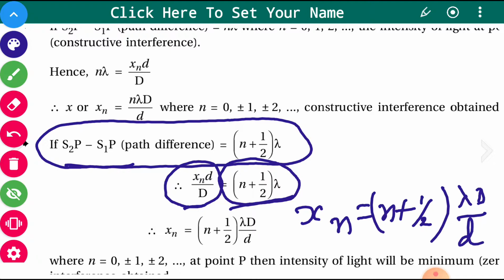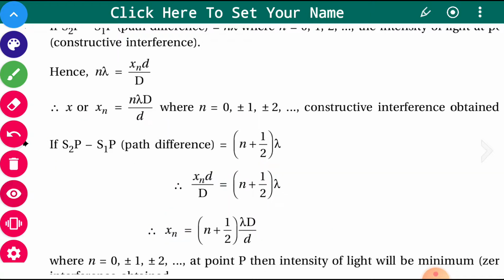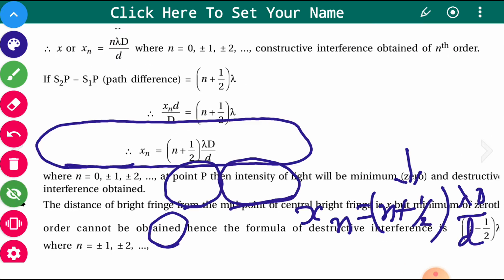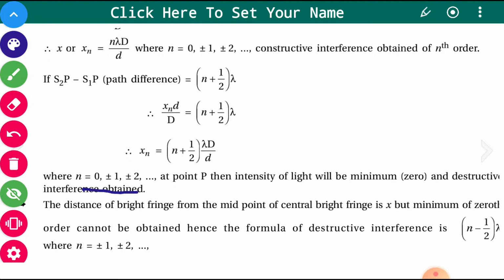The points situated at these distances will have destructive interference or minimum intensity of light, where n is 0, plus or minus 1, plus or minus 2. This is the condition.